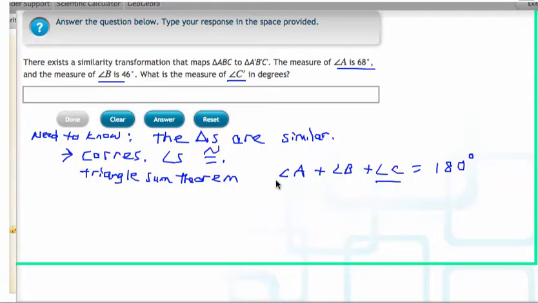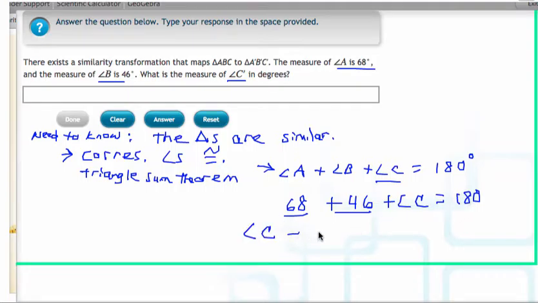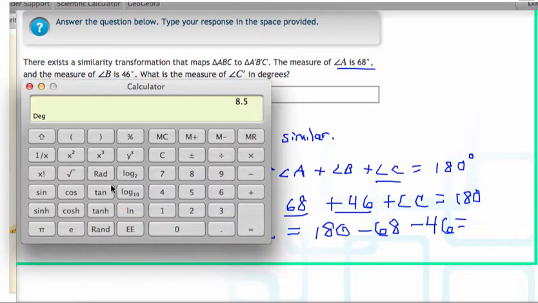So let's plug in our known values: 68 degrees plus 46 plus angle C equals 180 degrees. So we'll subtract these two values from both sides to get angle C: 180 minus 68 minus 46, and you can use a calculator.